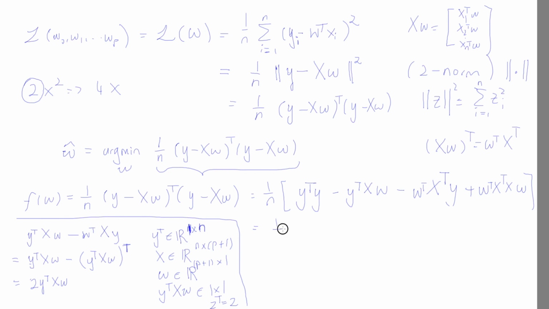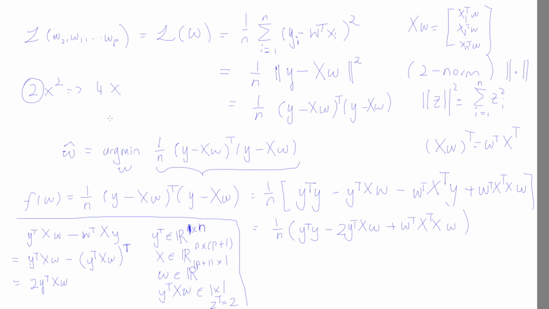So what I get here is 1 over n times y transpose y minus 2 y transpose Xw plus w transpose X transpose Xw.